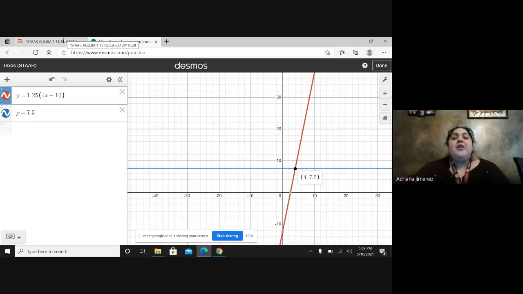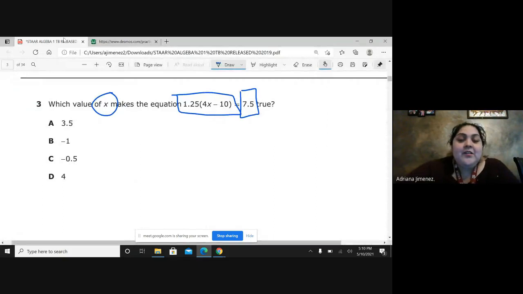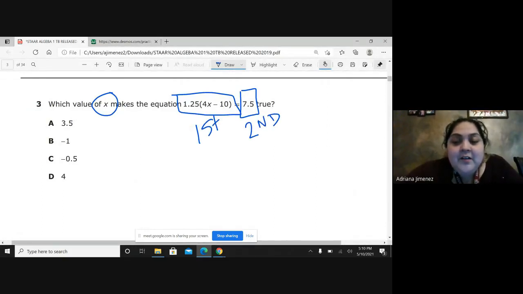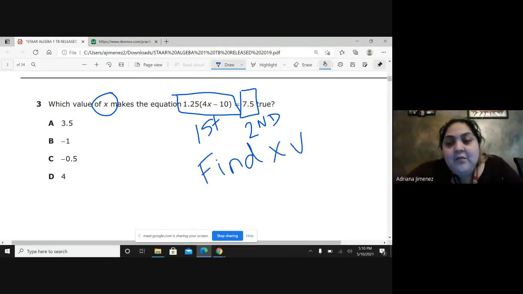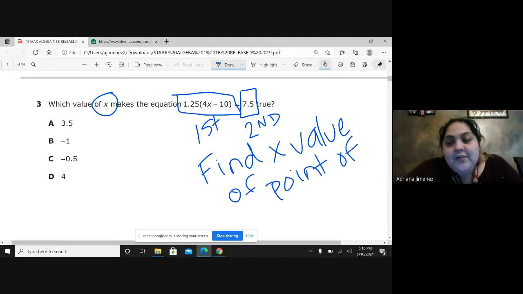All we did was put one part of the equation into one box and the second part of the equation into the second box, and we found where they intersect. So this is first box, second box, and then find the x value of the point of intersection.